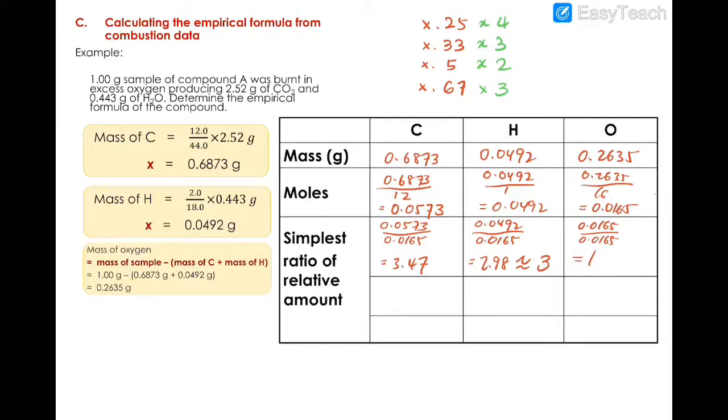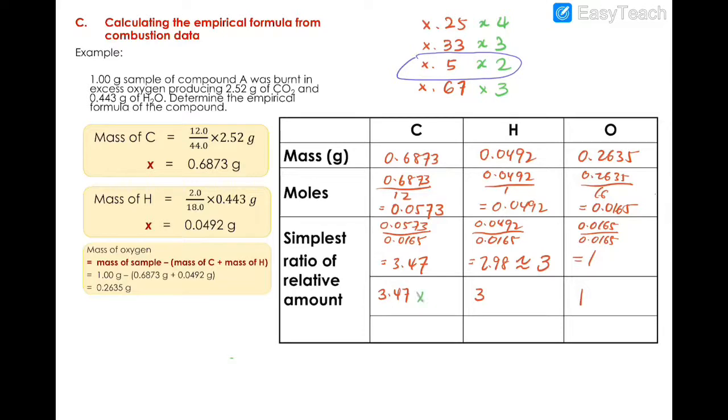So in this case kita ada 3.47, kita ada 3, kita ada 1, tapi kita ada satu simplest ratio yang dalam bentuk perpuluhan. So we need to change it into whole number. So in this case 3.47 ni adalah lebih kurang sama case yang ke atas tu, yang perpuluhan 5 ni. Okay, so kita akan kena darabkan dengan 2.